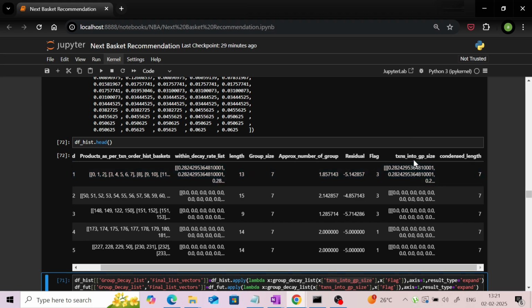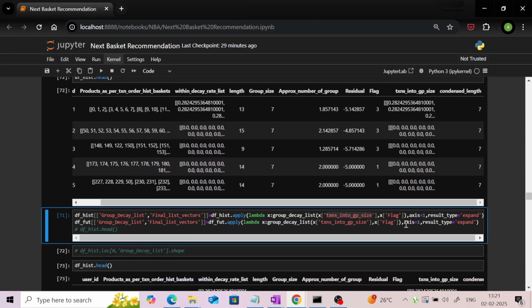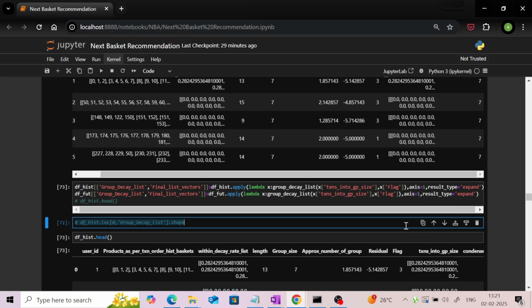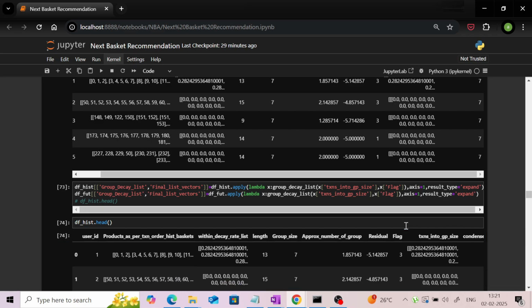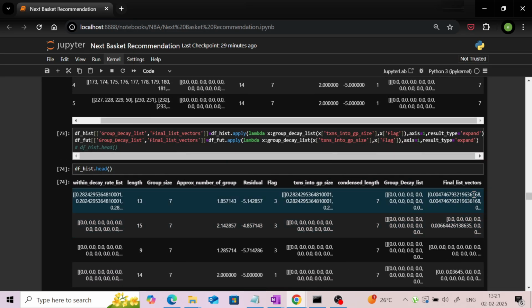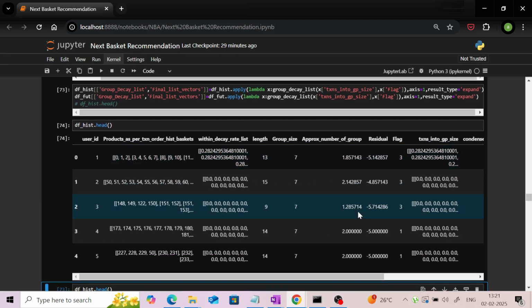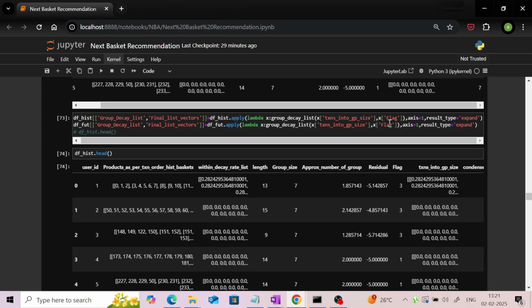One is transactions into group size, and the other is the flag values, and we would be running this. Now we will have the final list of vectors for all the users that we have: user ID 1, 2, 3, 4. For all the user IDs, we'll have this final list of vectors. So that's pretty much the personalized insights point of view.